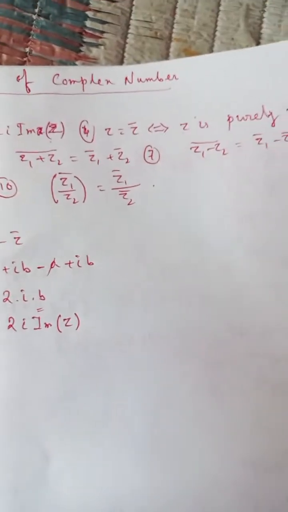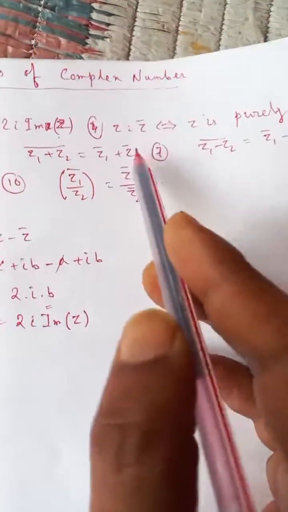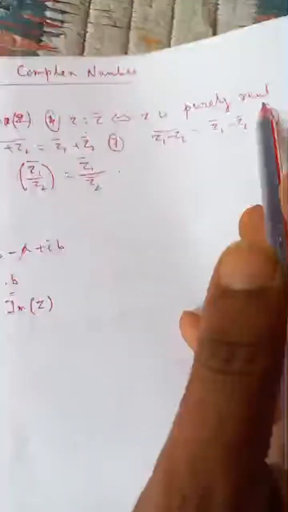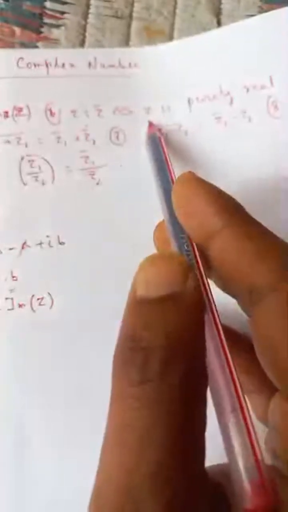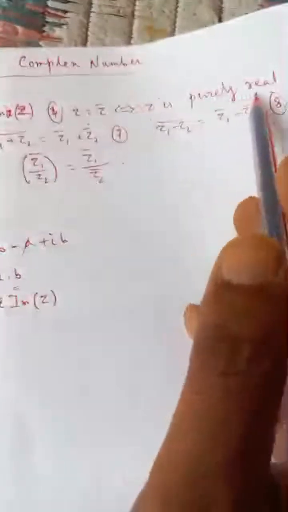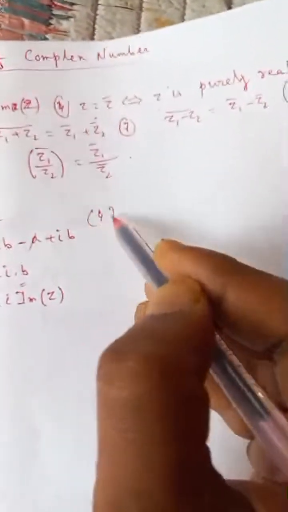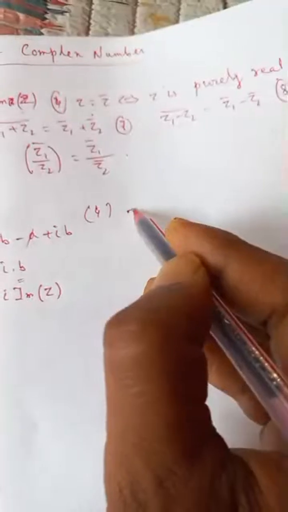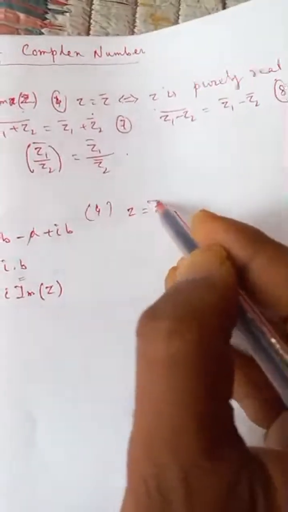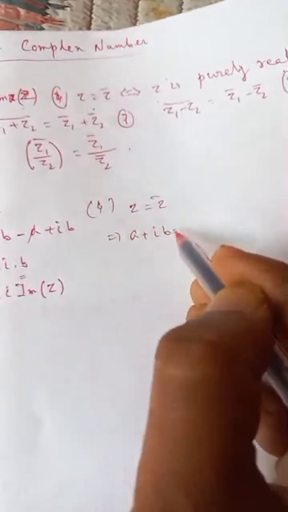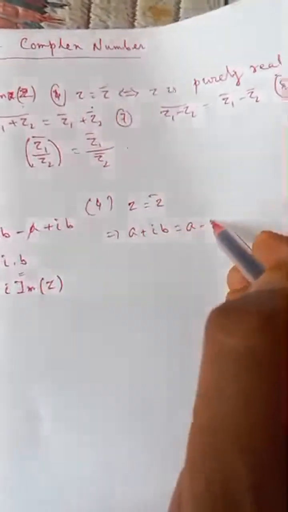The fourth property is if Z is equal to Z bar for any complex number, imaginary of Z is equal to 0, then Z is purely real. Given that Z is equal to Z bar, it implies that a plus iota b is equal to a minus iota b.